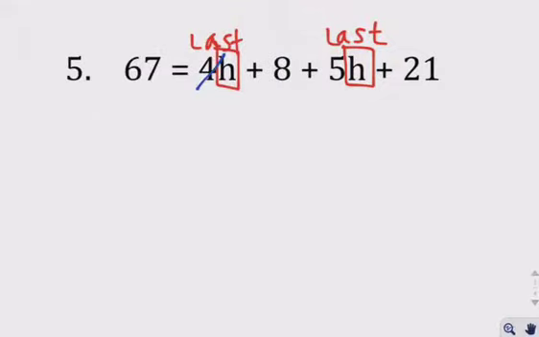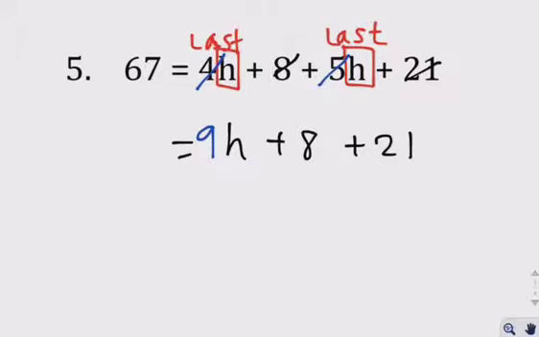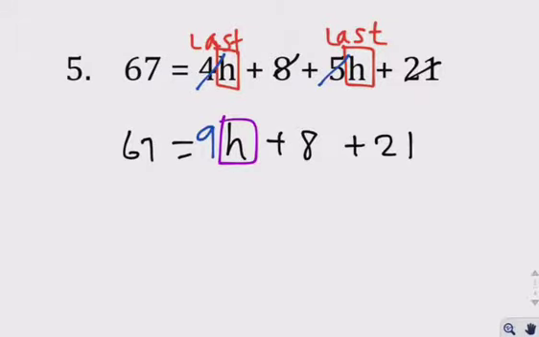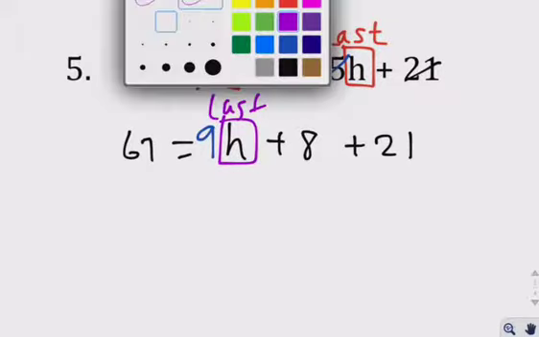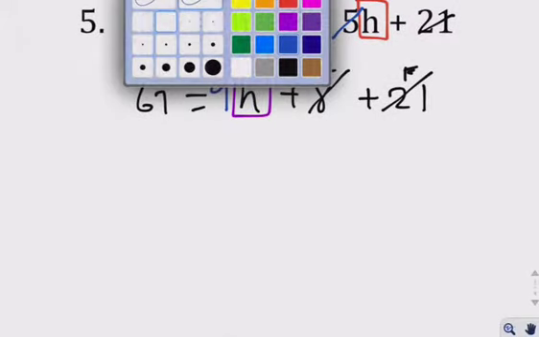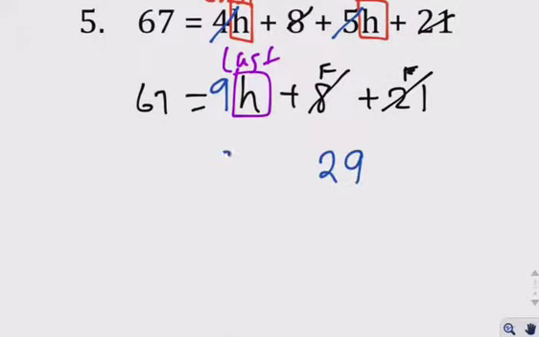We got 4H and 5H, which makes 9H plus 8 plus 21 equals 67. Okay, here's our last. But we got 2 first. Can't have 2 first, let's combine them to make 29. So 9H plus 29 equals 67.